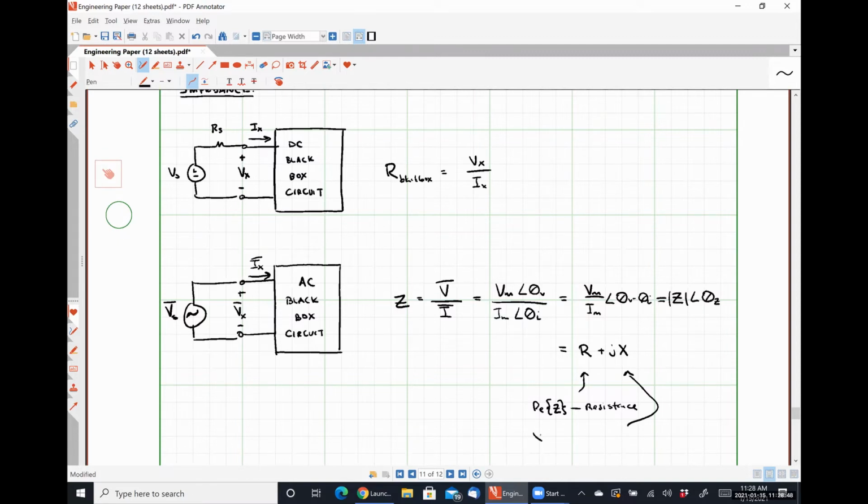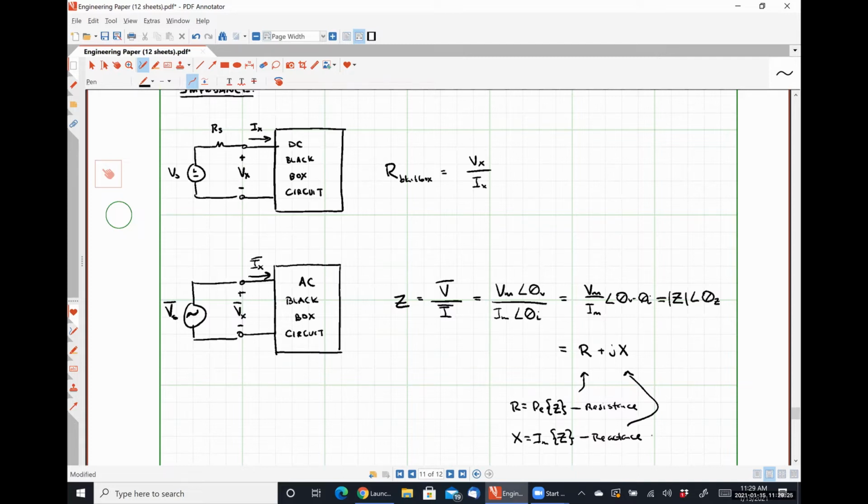And X is the imaginary part of Z, and it is known as the reactance. We'll get into this in much more detail in a bit, but inductors have a positive reactance and capacitors have a negative reactance.